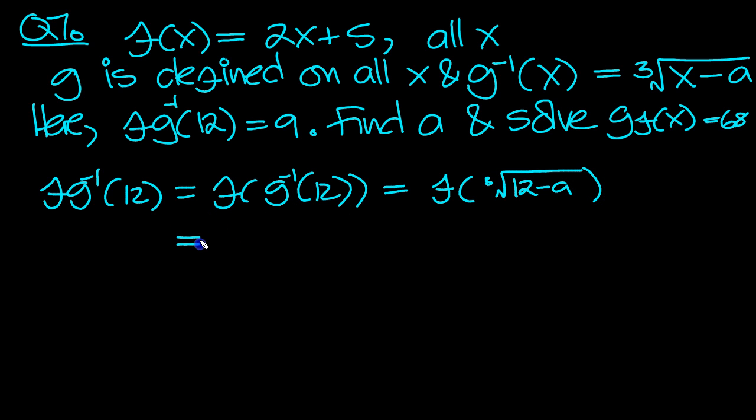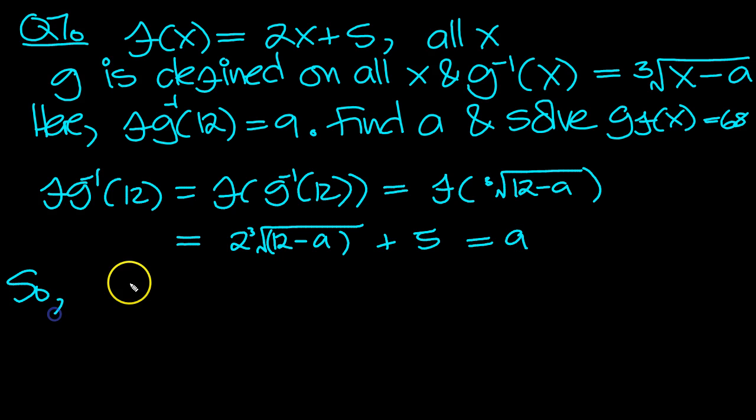And now that's equal to f of something. F of something goes to 2 times something plus 5, so it's 2 times the cube root of (12 − a) plus 5, and that equals 9.